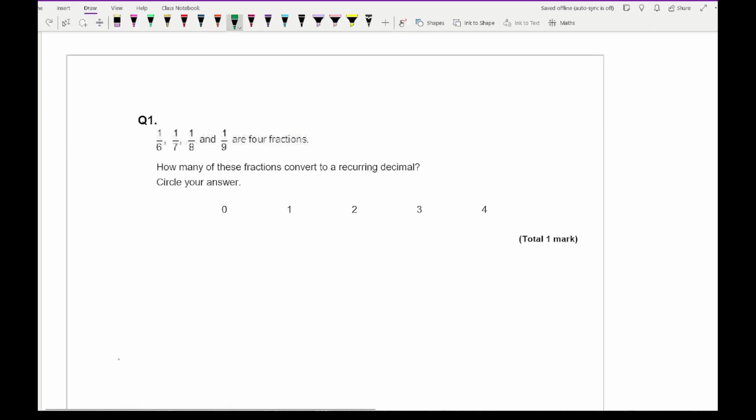There are a couple of ways in which you can do this. You're only going to get 1 mark, so you've got about a minute to do this, so hopefully you'll recognize what some of them are. Basically 3 of them are recurring decimals.